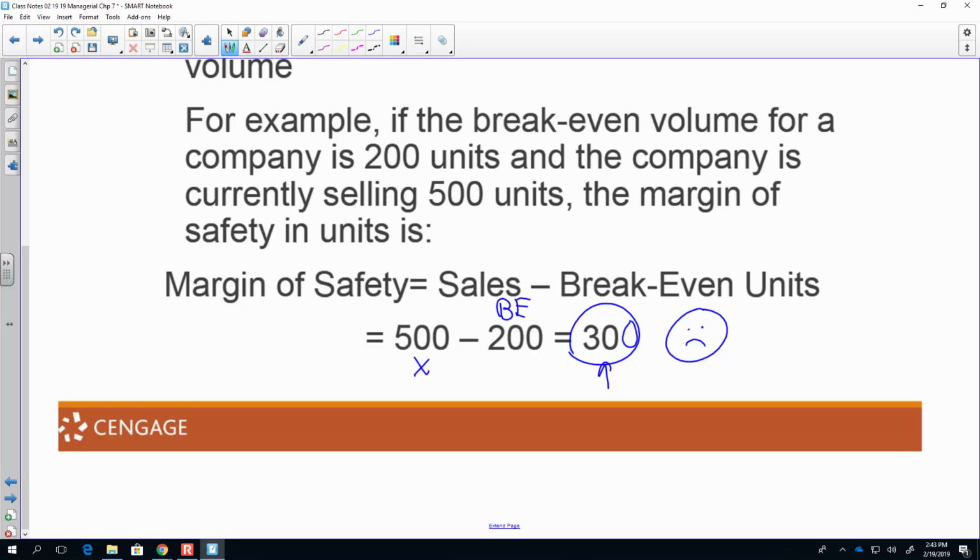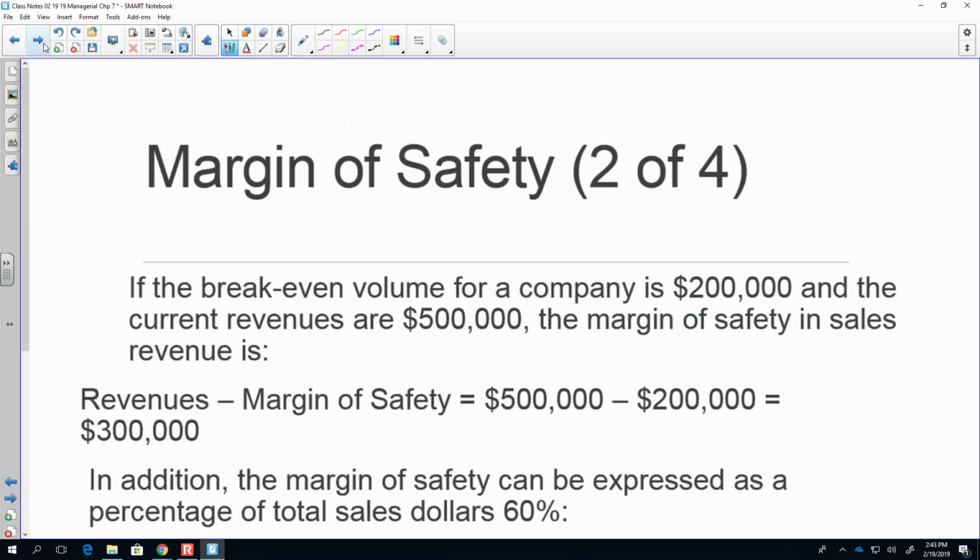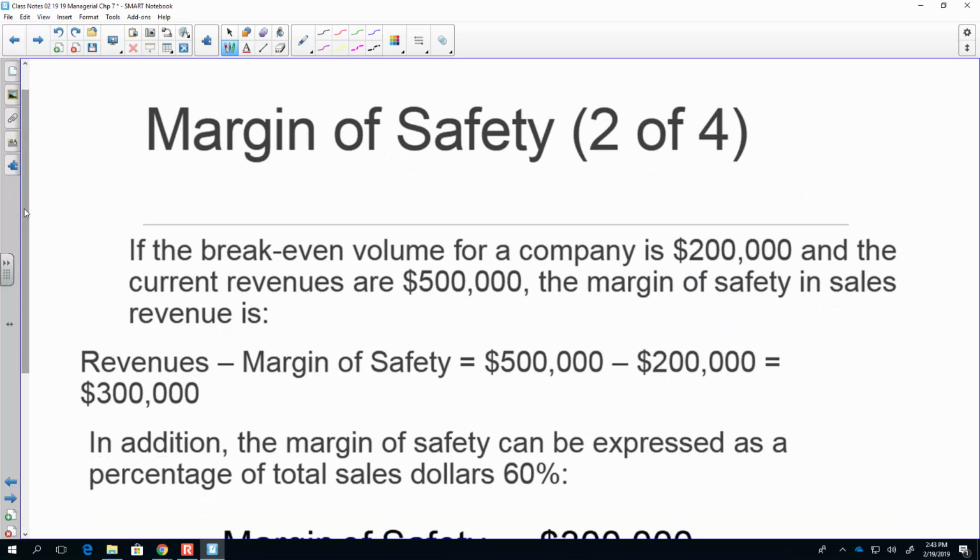It's not 50% more, it'd be 150% of your break-even. So that's pretty darn good. If I saw this difference, I would not be too concerned about risk here. They're pretty much covered with their break-even. So that's all they're trying to do. And then they'd base it upon dollars, which again is simply a difference in dollars between the two.